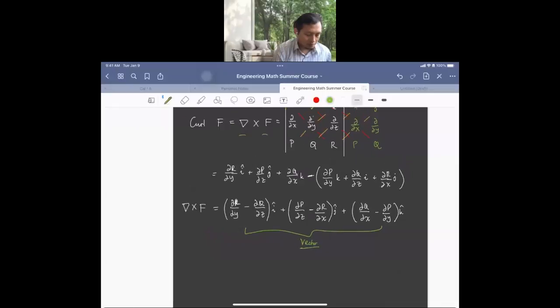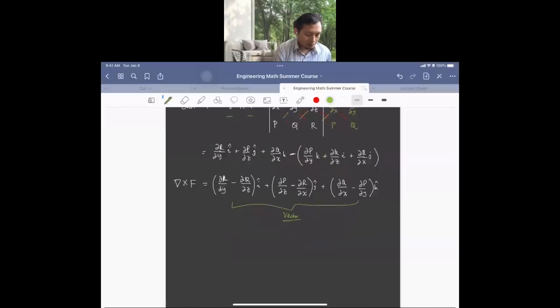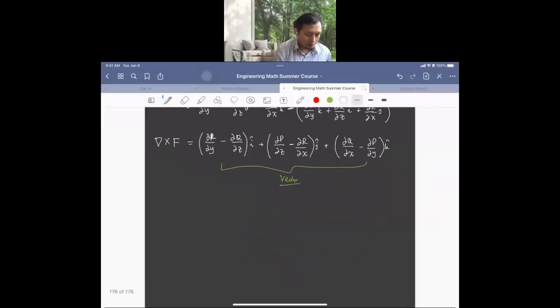I think your textbook has more explanation of the curl, but I think this is enough. So that's the curl. Now the divergence is much simpler.